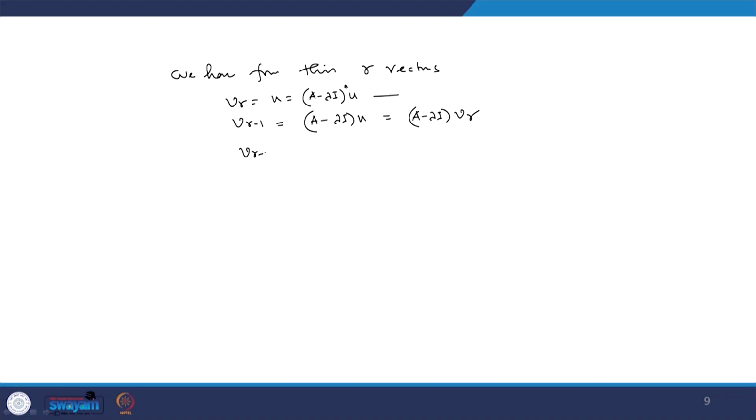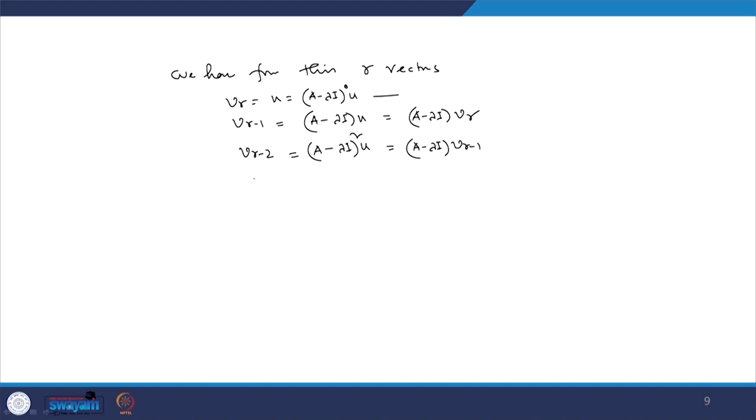And what about Vr−2? According to these definitions and my last analysis, Vr−2 is (A − λI) whole square operating on U. So, this is (A − λI) into (A − λI) operating on U, which is equal to Vr−1. So, Vr−2 is related like this.